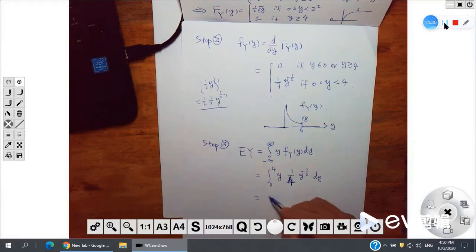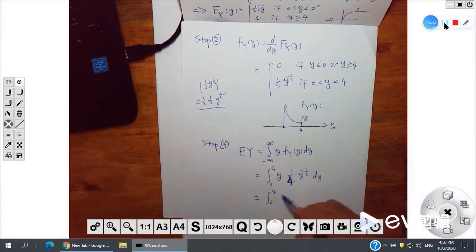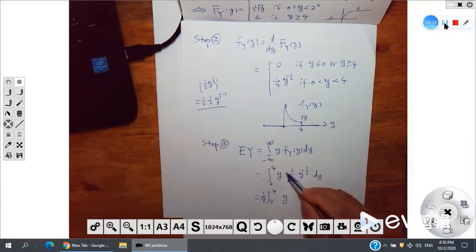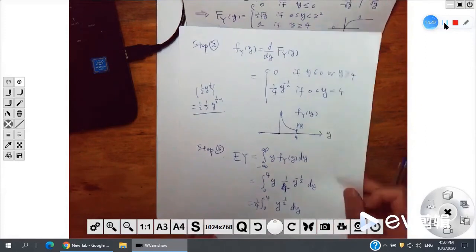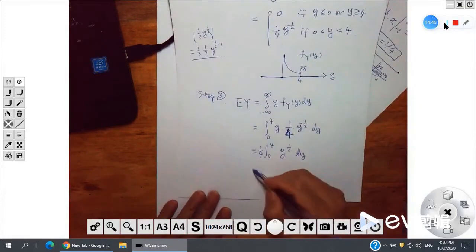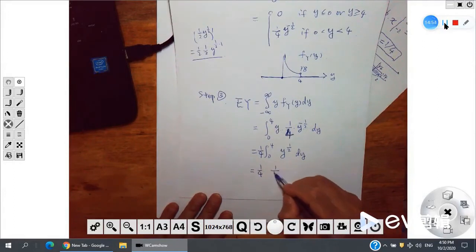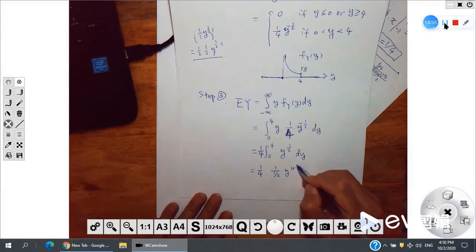The constant 1/4 I move to the front, and this one should be y to the power of 1 minus 1/2, so it's y^(1/2) dy. So what is this one? The integral will be 1 over 3/2, and here is y to the power of 1 plus 1/2. This one I take the derivative of 3.